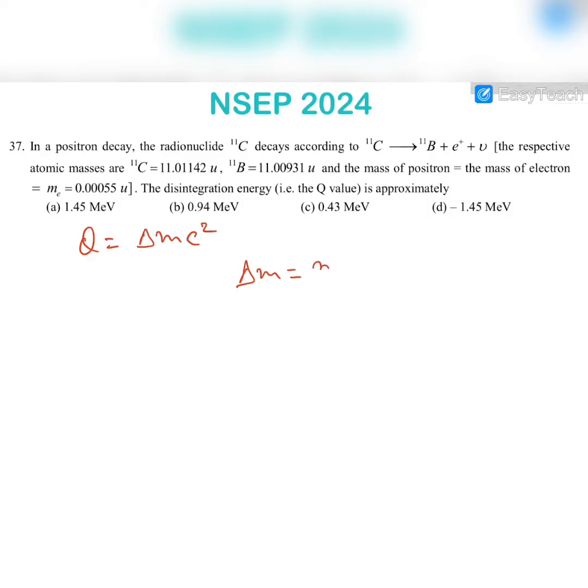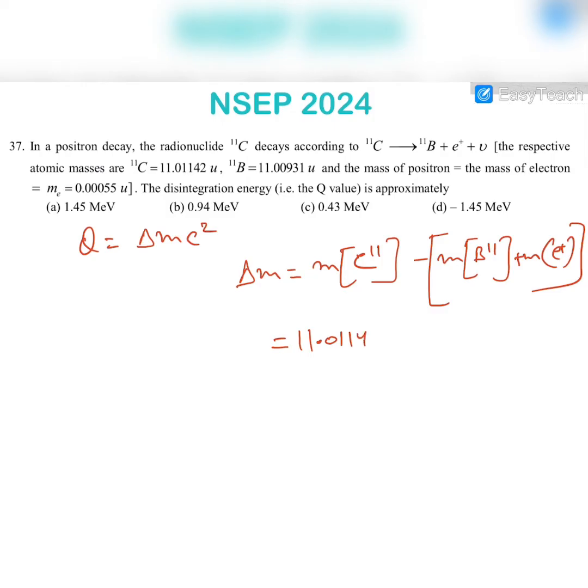So it is mass of this C11 minus mass of boron 11 plus mass of positron. The mass of C11 is 11.01142 minus the mass of boron, which is 11.00931, plus positron, which has a mass of 0.00055.